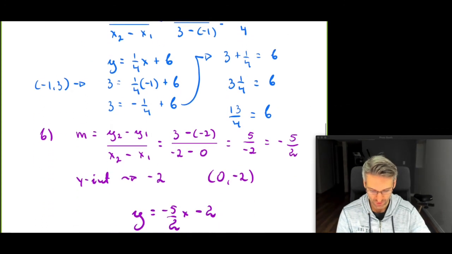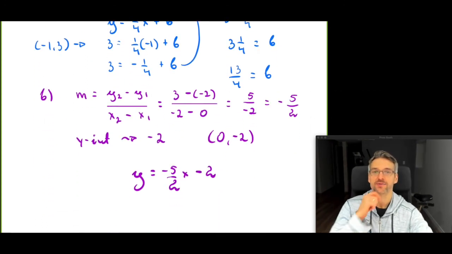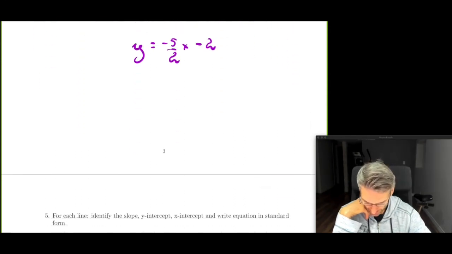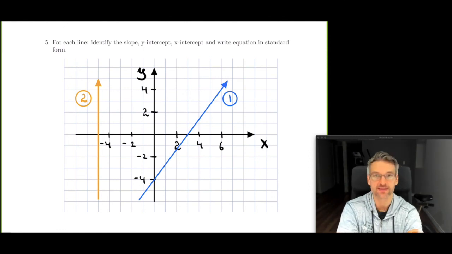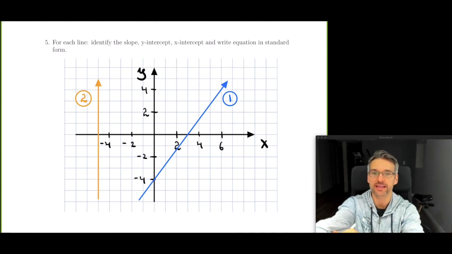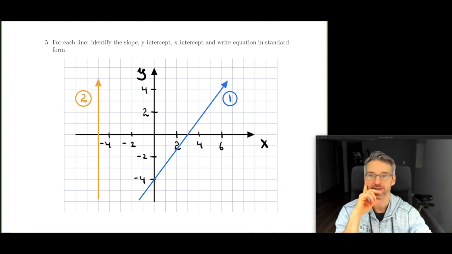So we have our two lines that we needed. Let's move on. Okay, so now next one. So here it states, for each line, identify the slope, the y-intercept, the x-intercept, and then write the equation in standard form. All right, so standard form.